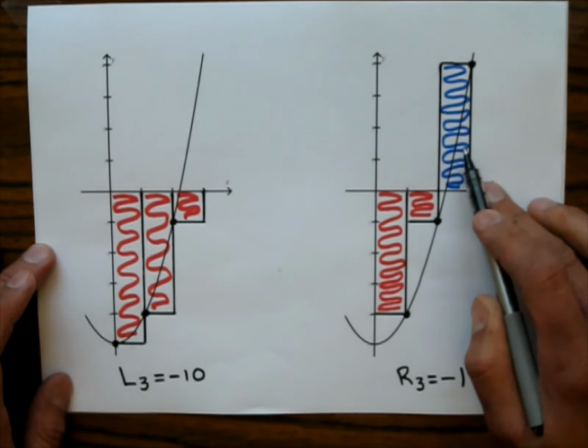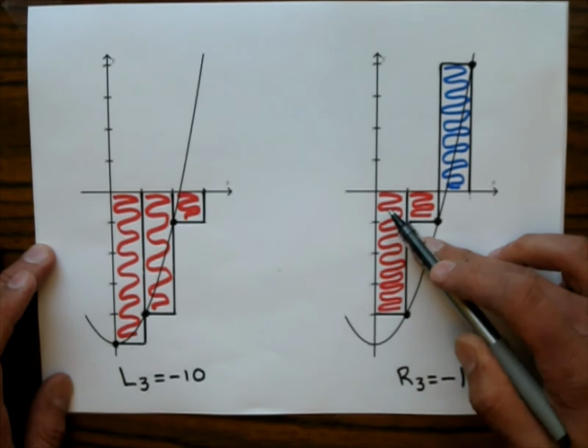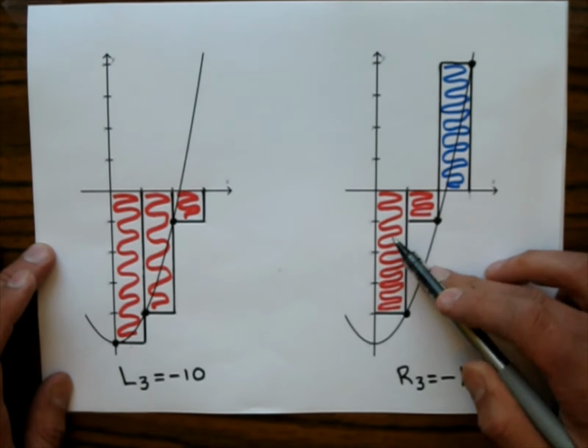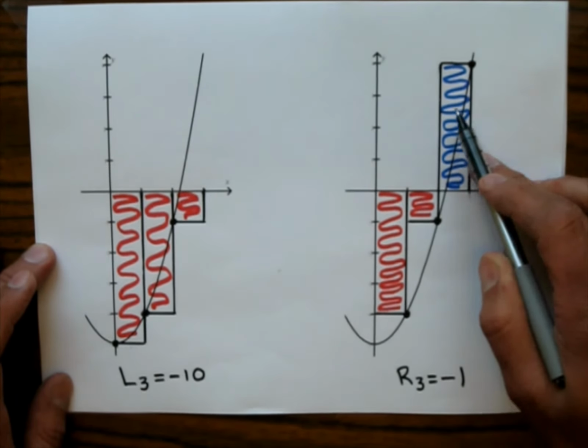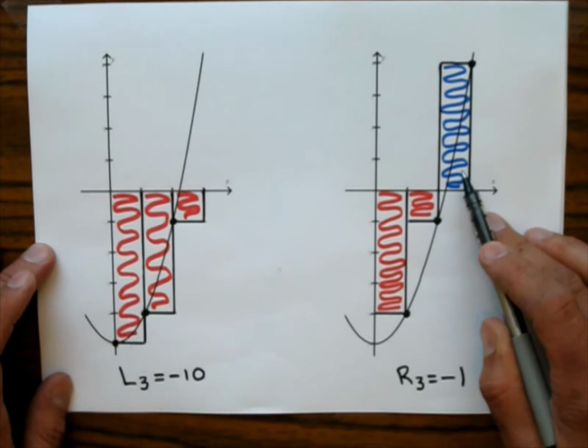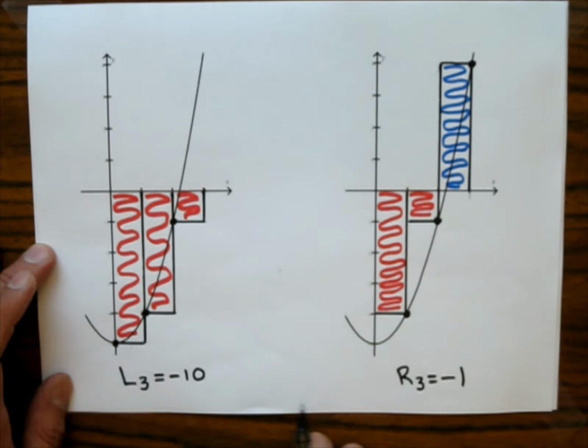So when you actually do this net area, there's 1, 2, 3, 4, 5 that are in the negative region below the x-axis, and 1, 2, 3, 4 which are in the positive region. -5 plus 4 is -1, and that's how we're getting these. These are just the areas of the 3 rectangles.